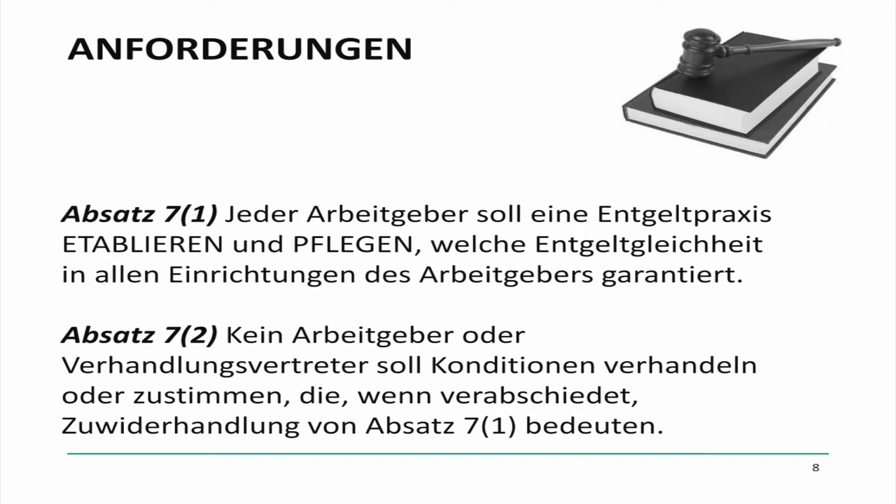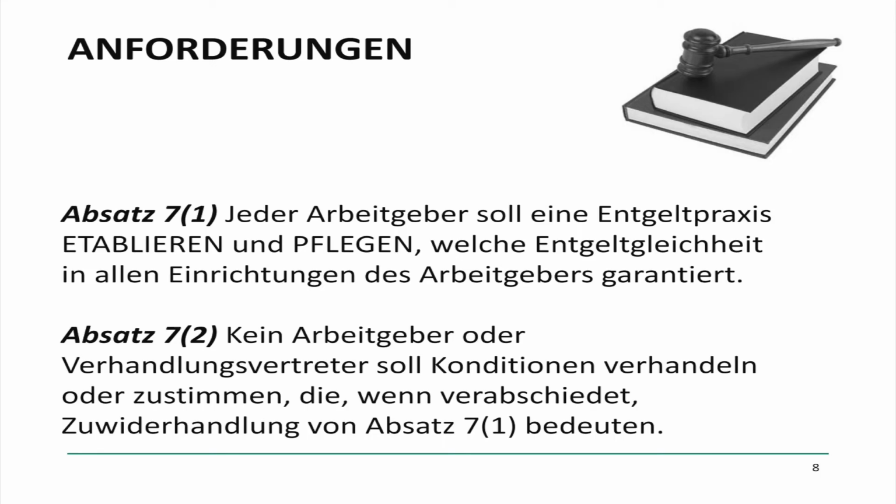So the general requirements of the Act are contained in sections 7.1 and 7.2, and that is that every employer must establish and maintain, which is the key word there, compensation practices that provide for pay equity in every one of their establishments.